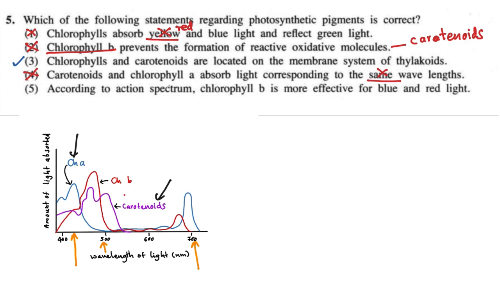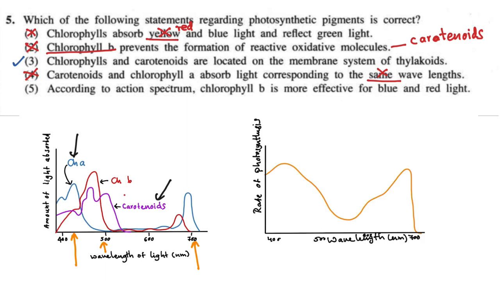Then 5, according to action spectrum, chlorophyll B is more effective for blue and red light. So for that we will take the action spectrum. Here the second one is the action spectrum.